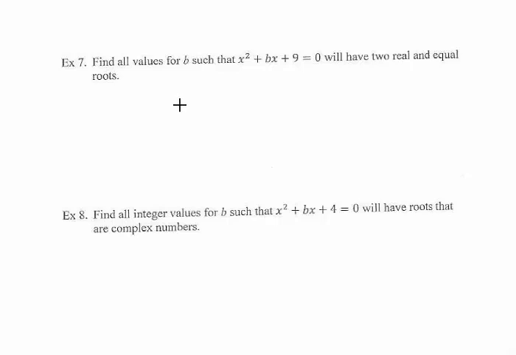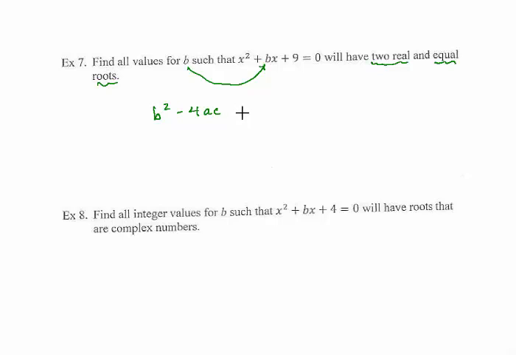Okay, the next one has a little twist to it. We're not told what b is, but we're asked, what does b have to be in order for us to get two real and equal roots? First we'll address the two and the real part. b squared minus 4ac.